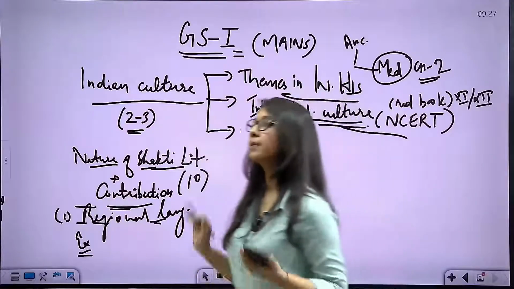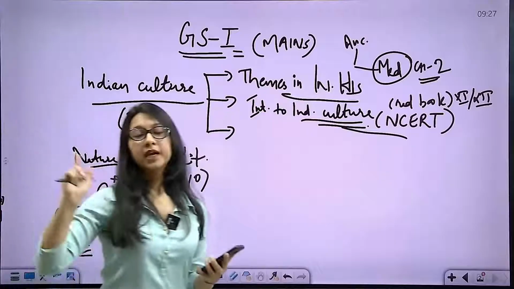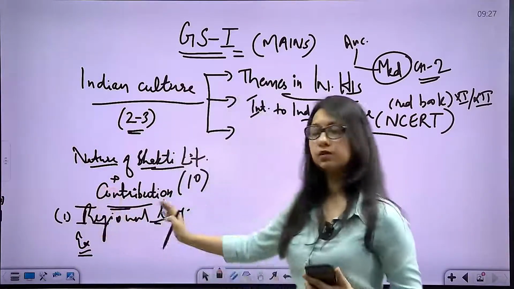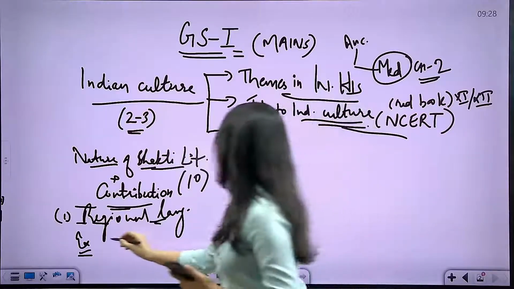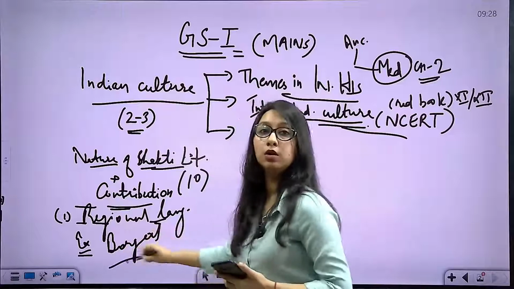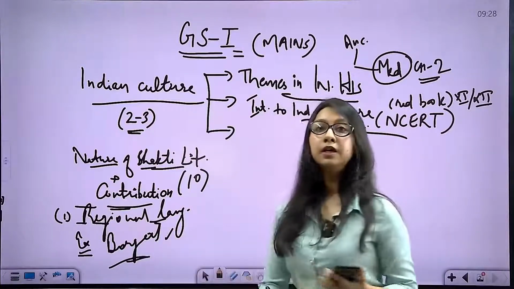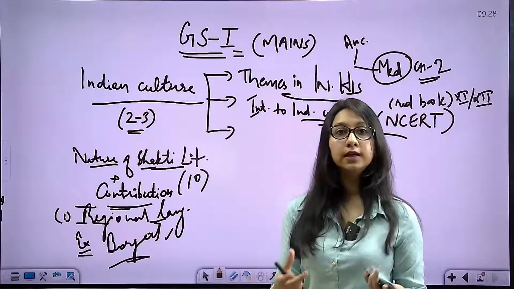Now you give examples of the literature. If you remember, in Assam there was Sankardev, the Bhakti saint. He used Borgeets, isn't it? Chaitanya Mahaprabhu in West Bengal, his literature. Mirabai, Surdas, Raidas used Braj Bhasha and Khadi Boli.